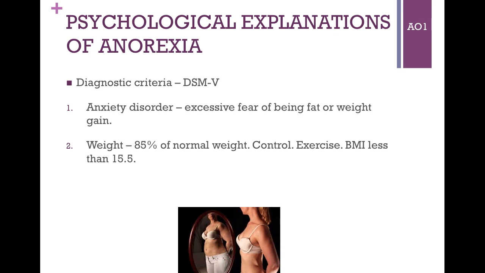All of these things will lead to that loss of weight. And there's BMI, body mass index. If that's less than 15.5, that tends to be an indication as well of having anorexia nervosa.